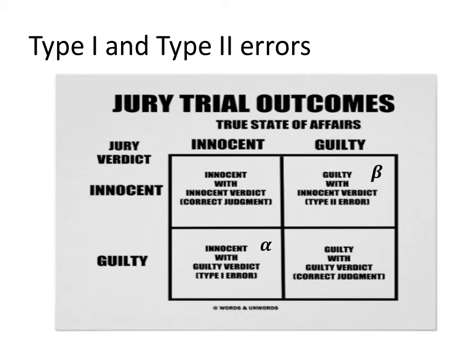Now there's an interesting relationship between alpha and beta. They're actually what we call an inverse relationship, meaning as one value goes up, the other value goes down. A good way to think about this is using our justice system. In our justice system, we like to make sure that an innocent person will never go to jail.